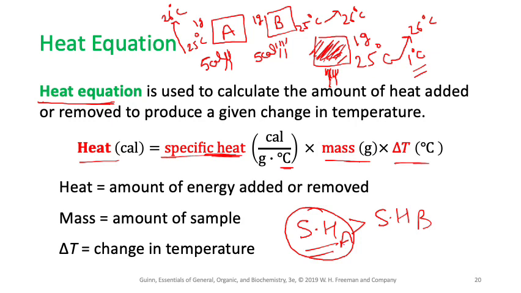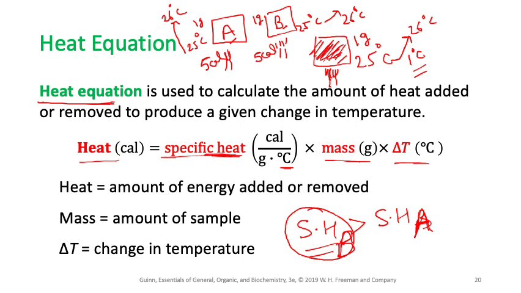Let's say we talk about B, not A. I use the symbols A and B over here. We know the specific heat of B is bigger than the specific heat of A, so you need more energy to raise the temperature by 1 degree Celsius for B compared to A. So make sure you know this concept: higher the specific heat, more energy required.